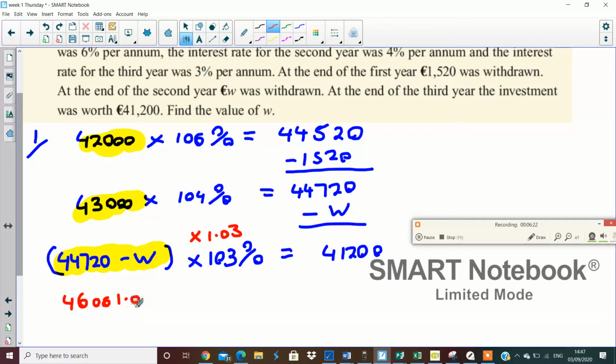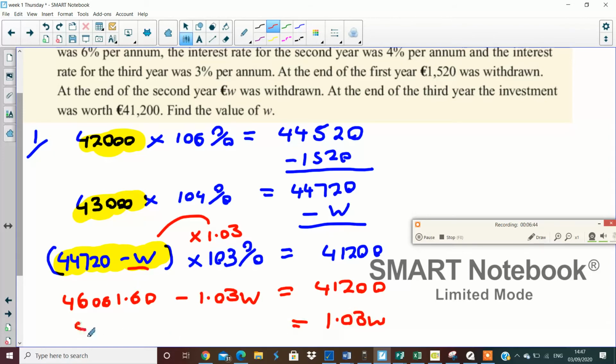Okay. That's obviously you multiply 44,720 by 1.03. Then your W gets multiplied by 1.03 as well. So it's minus 1.03 W. And that equals 41,200.